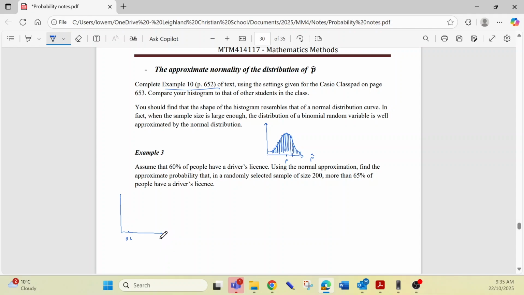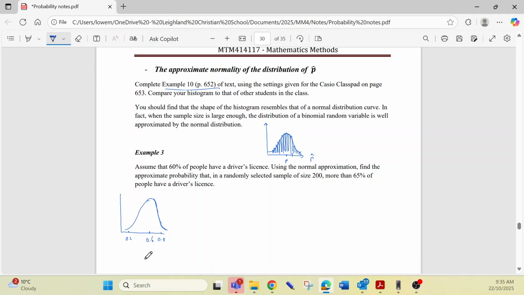There might also be something like 80% of people have a driver's license. In others you might have 40, whatever. But we're going to find that over the long term we should get a normal distribution here, 0.6. Okay, 60%. That's where we have it.